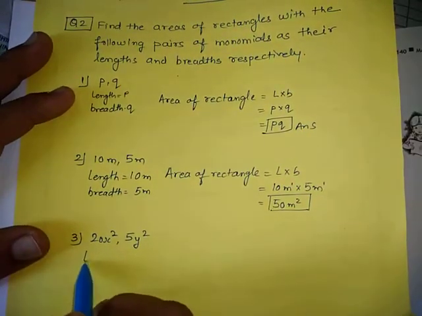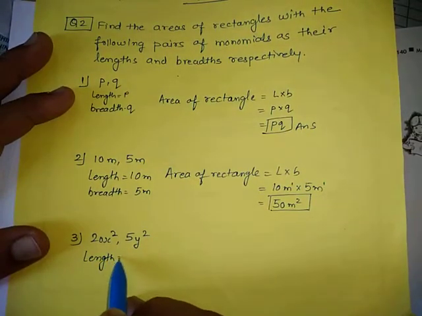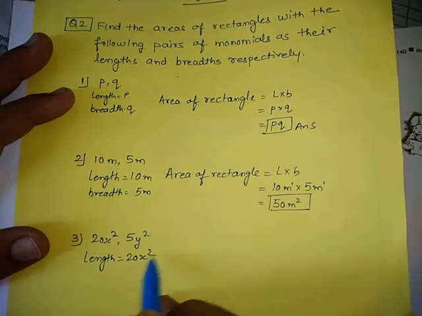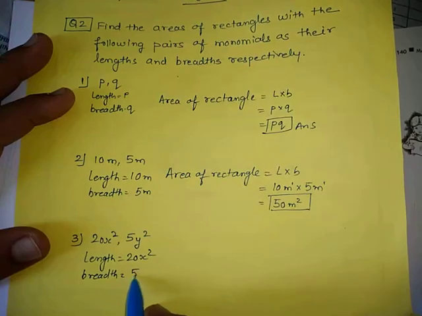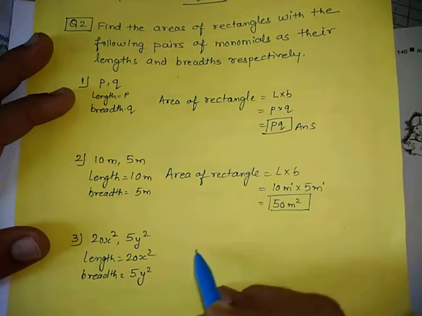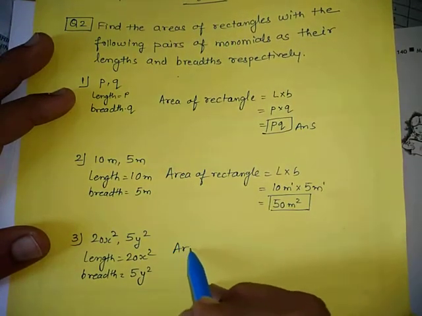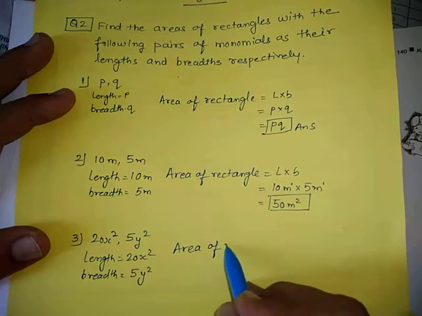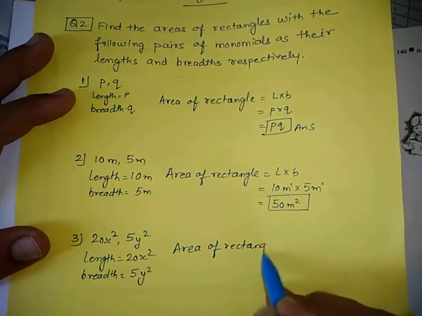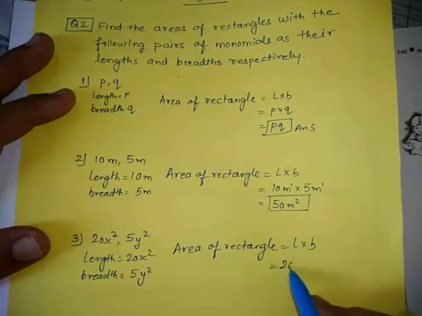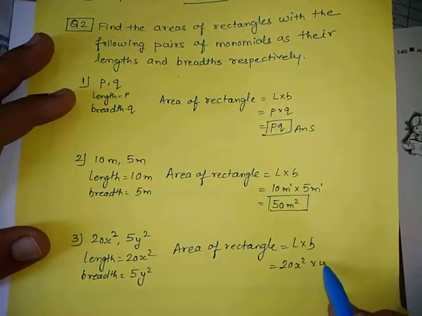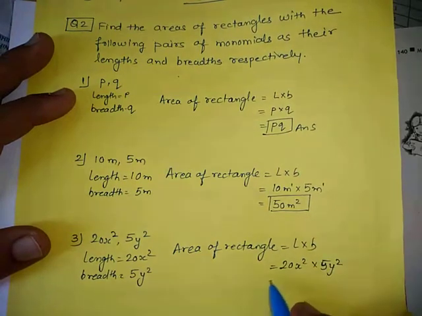So here also same procedure. Length is equal to 20x square. Breadth is equal to 5y square. So area of rectangle is L into B, that is 20x square multiplied by 5y square.